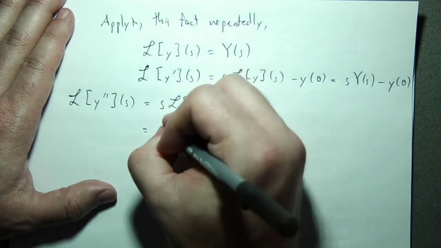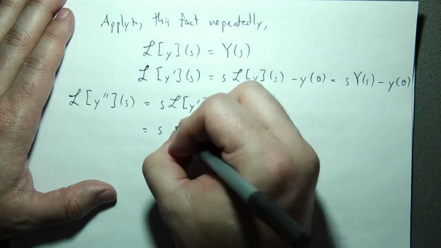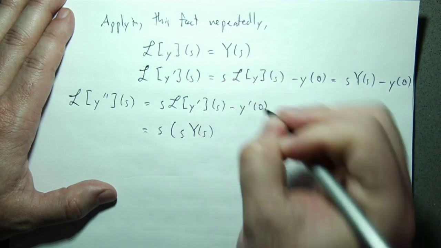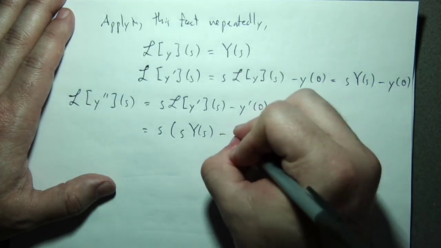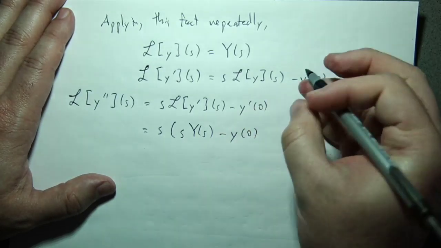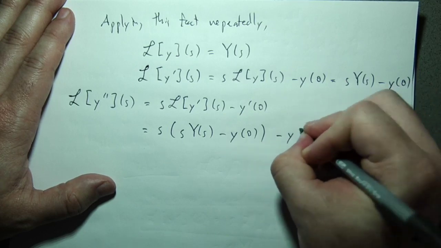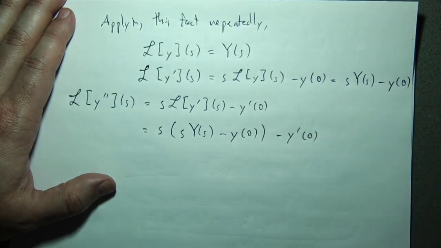So this is s times s big Y of s minus y of 0, minus y prime of 0.